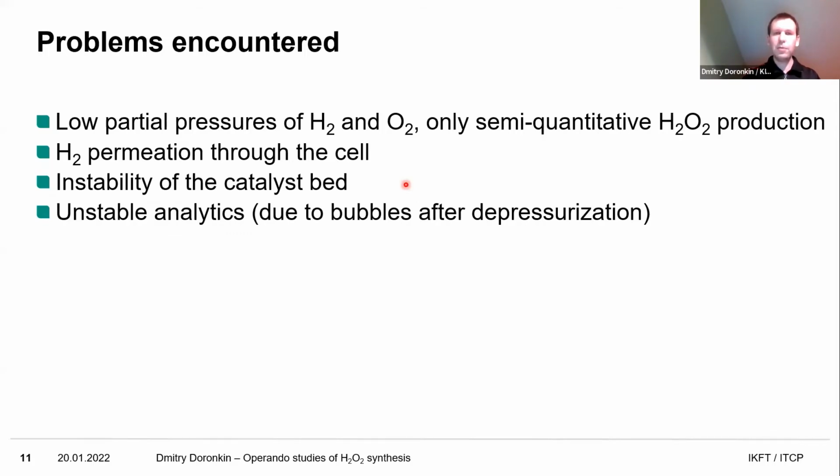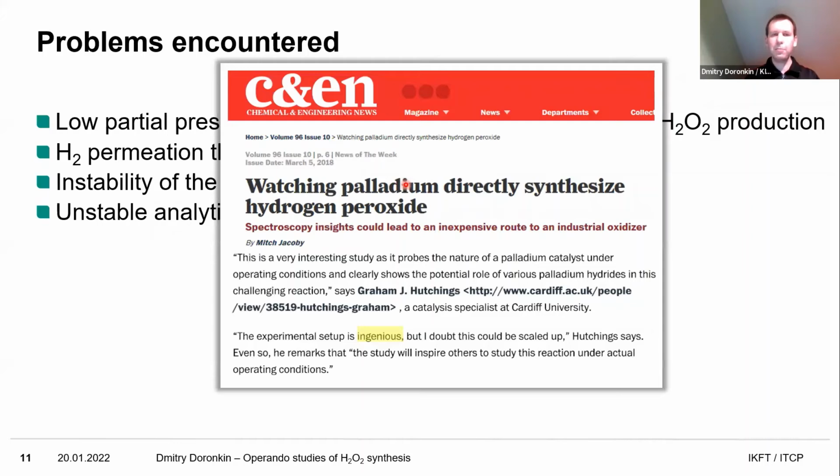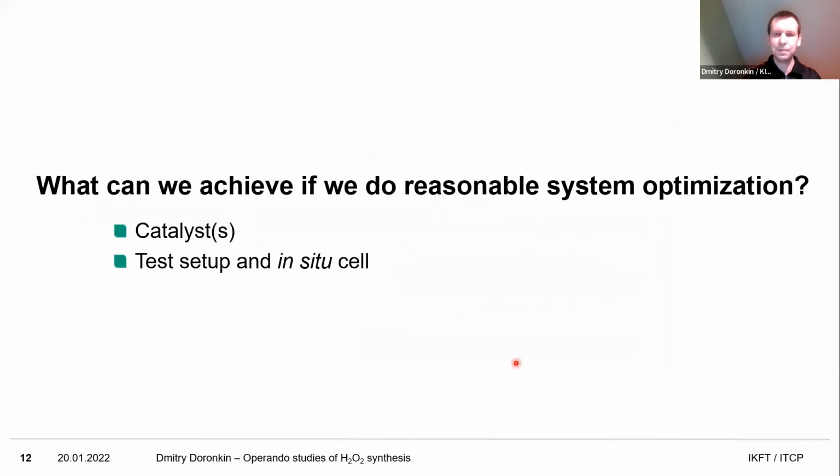But even with all those problems, it was better than what people could do before. So the experimental setup was called ingenious, but an expert doubted that it could be scaled up. So at that point, I will stop for questions and we will continue with scaling it up.